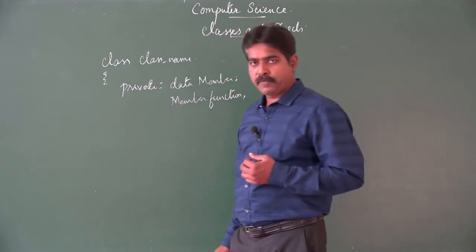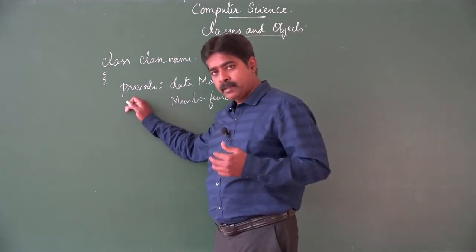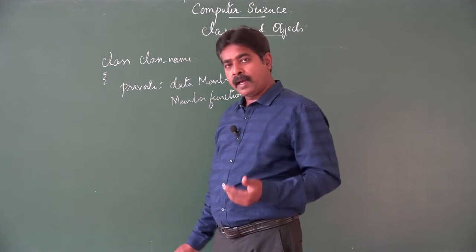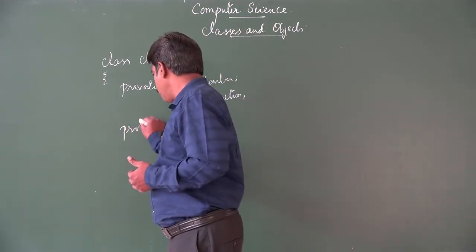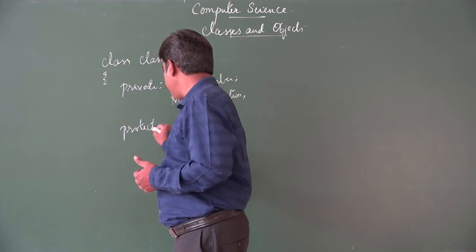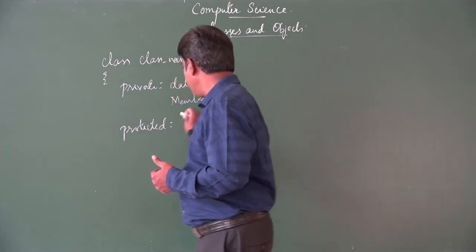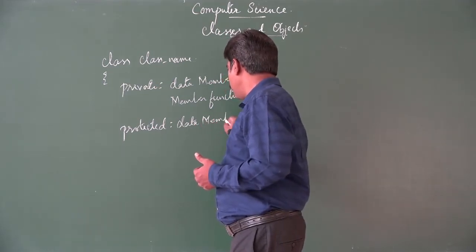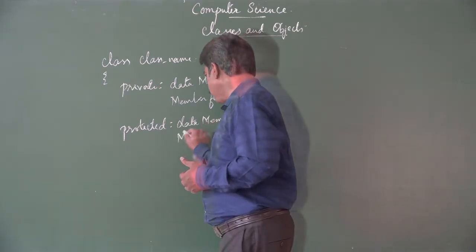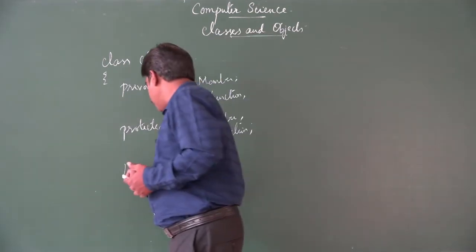Three access specifiers are there: private, then protected and public. So protected access specifier, once again we have data member and member function, and then public.